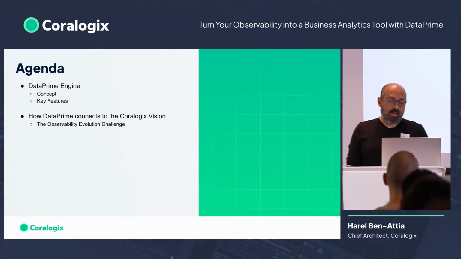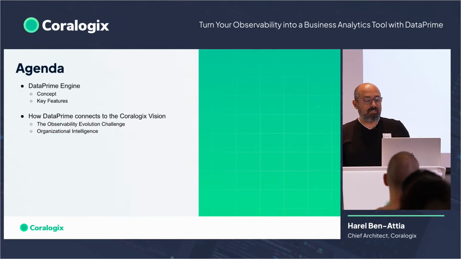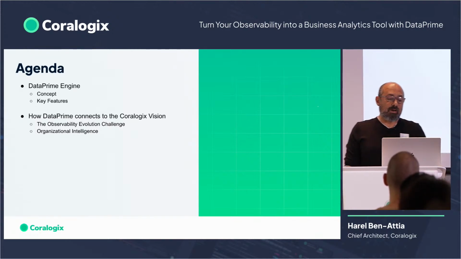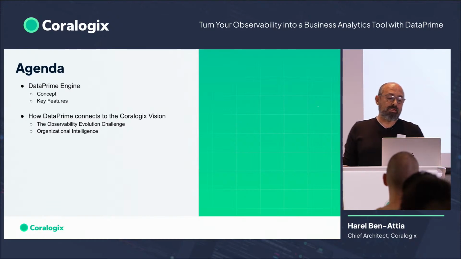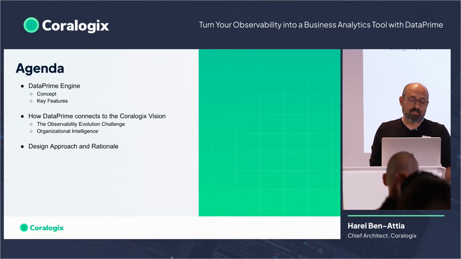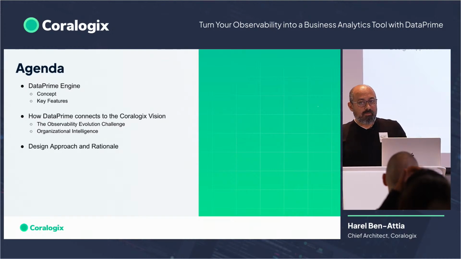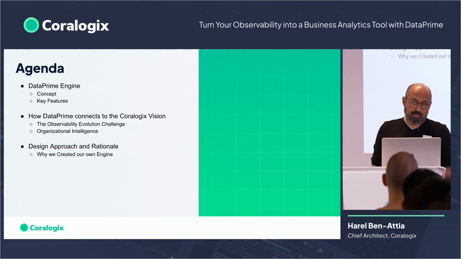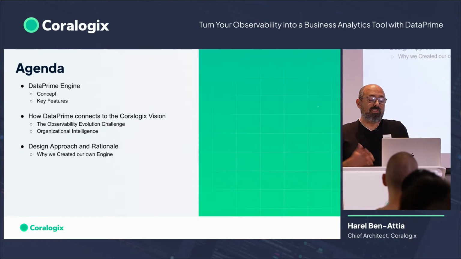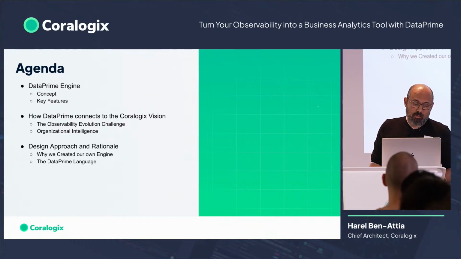There are two aspects of the Coralogix vision which are extremely important to talk about: the observability evolution challenge and maturity levels of companies, and what we are calling organizational intelligence. I'm going to talk about the design approach and the rationale behind DataPrime, and why we decided to create our own engine.